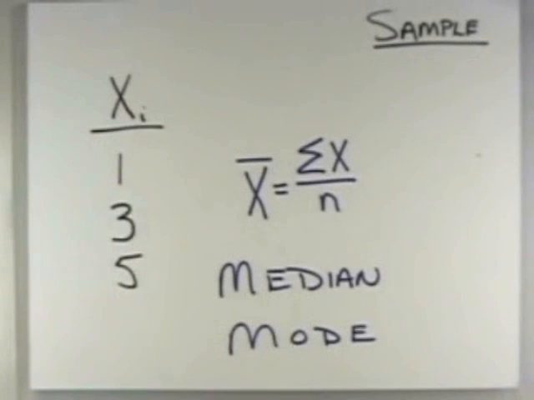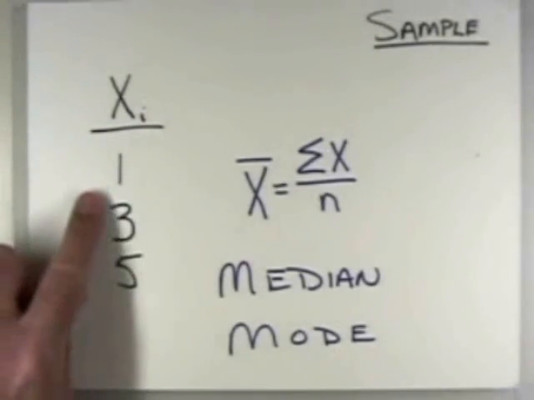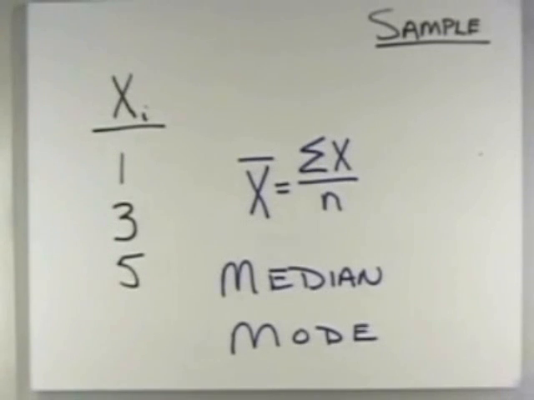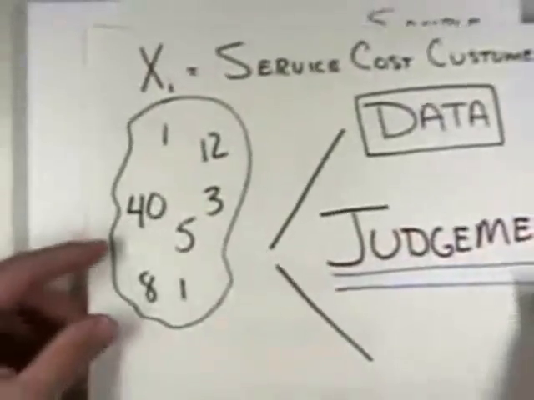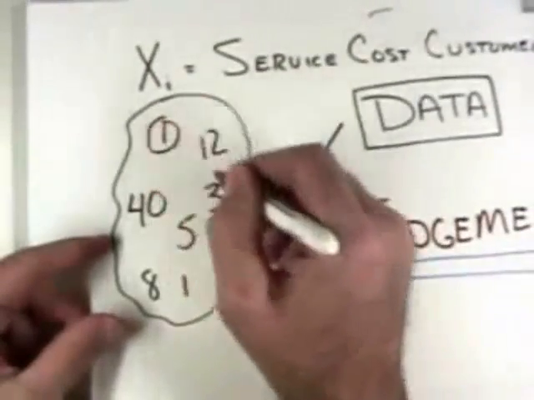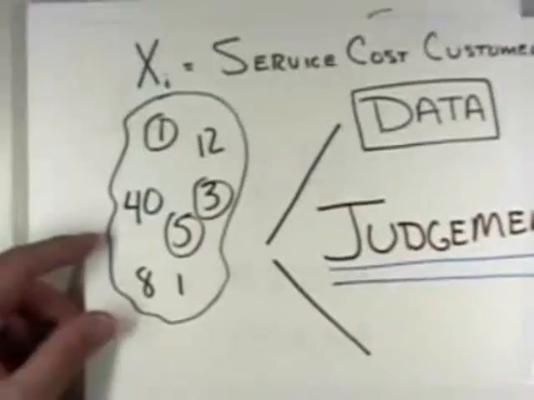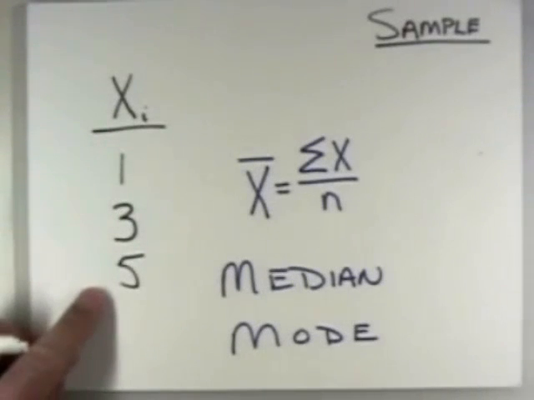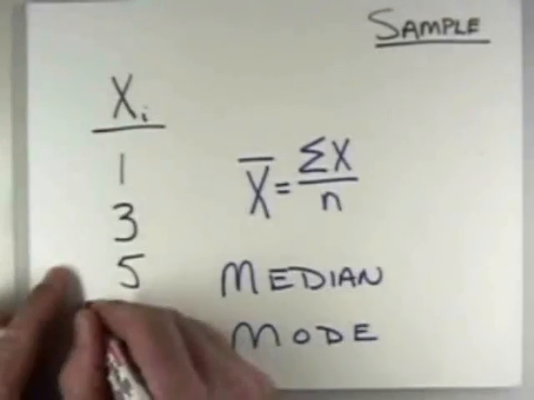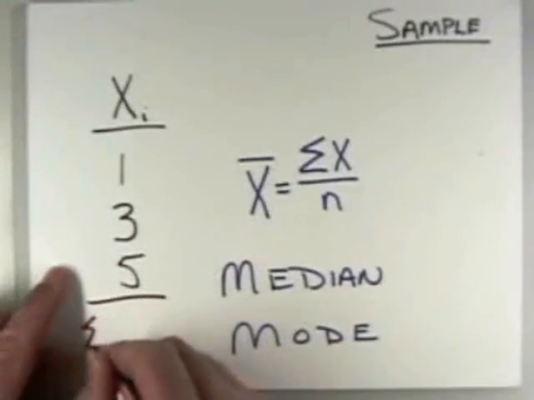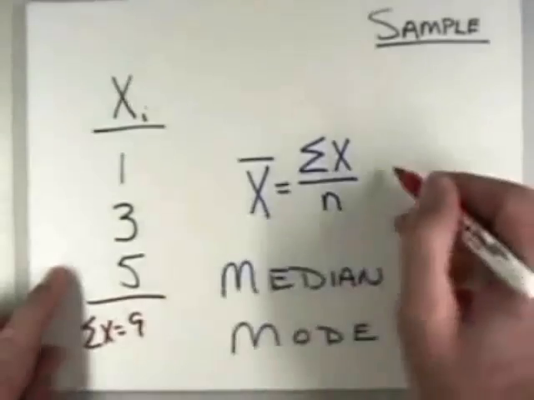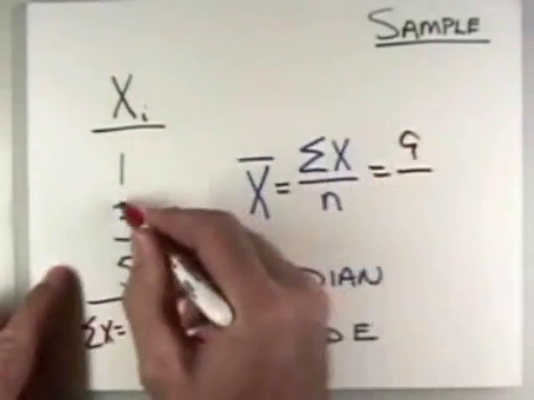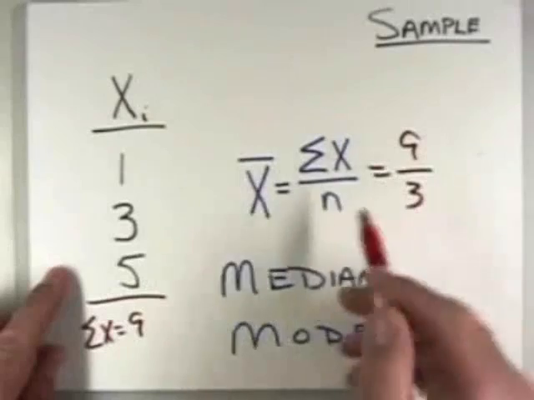Now, if we take a sample, we might have taken the sample, and if you remember our population had this. We might have gone in, randomly selected these 3 values. By looking at a sample, we hope to be able to indicate what is true of the population. We have a sample. We add these up. They add up to 9. 1, 2, 3.